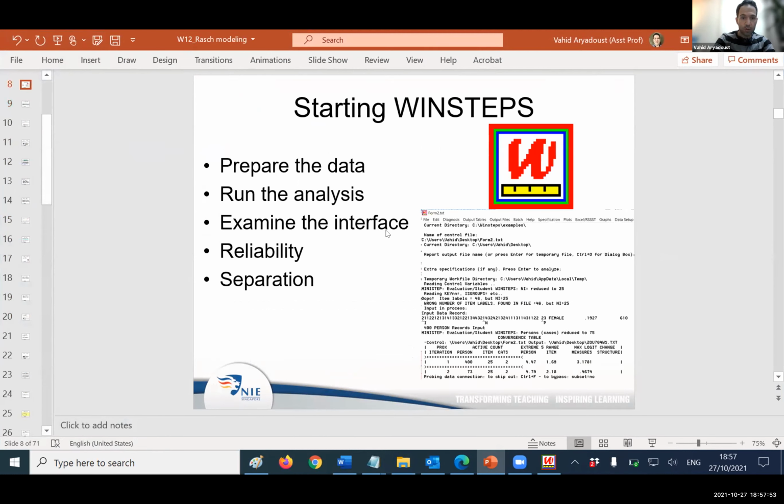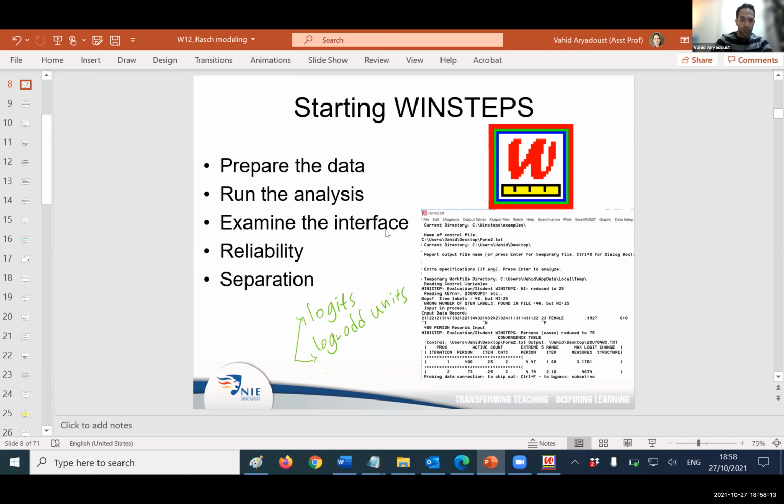Those units are called logits or log odd units. They are the same thing. Logits or logits.